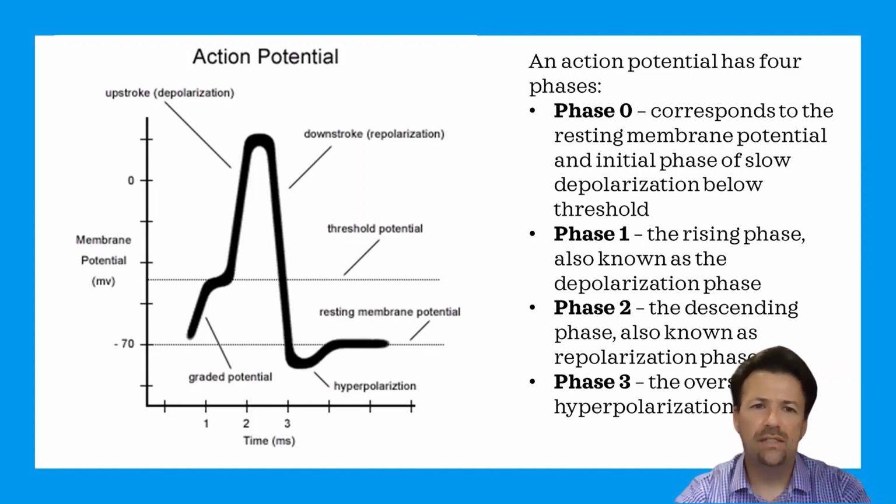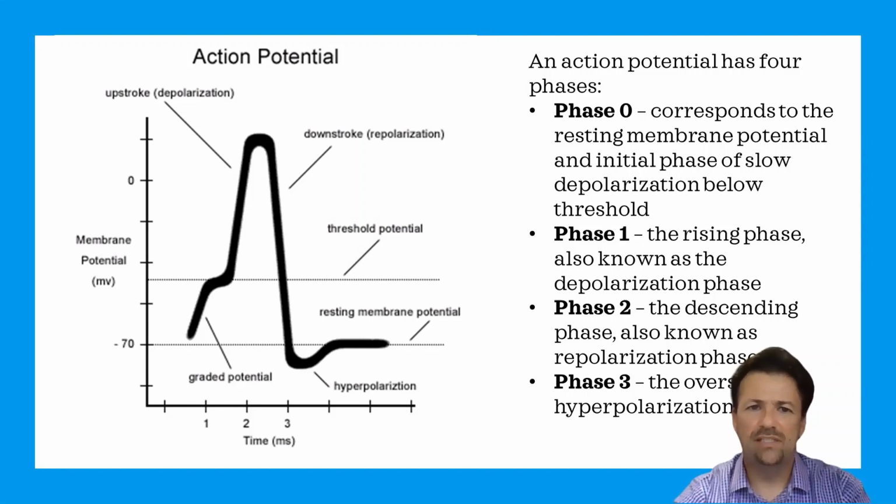Phase 1 has several other names. Sometimes it's called the upstroke or the rising phase or the depolarizing phase. And that's why I prefer to use the term phase 1. That nomenclature is very clear about what phase we're talking about.